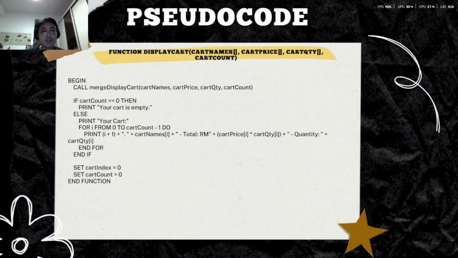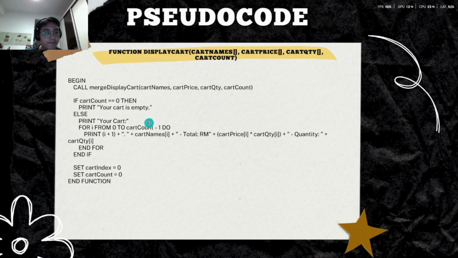This is the function display cart. This is run at the end of the program. It calls merge display cart, which is a function that merges the same items that the user buys so that there are no duplicates of the items in the cart that is displayed.